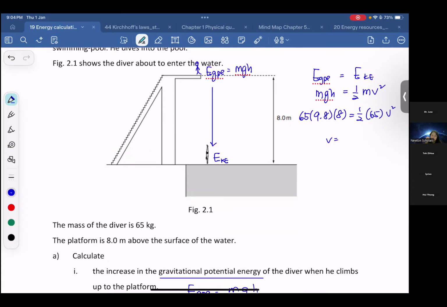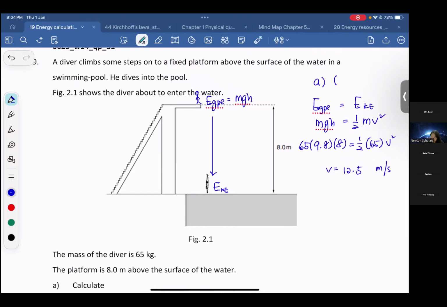Ask yourself, what is the physical quantity you calculated right now? Speed, v. Speed is in meters per second. So the answer is 12.5 meters per second. This is the perfect case, there is no energy loss, ignoring the air resistance. If no problems, this is the answer for A2.